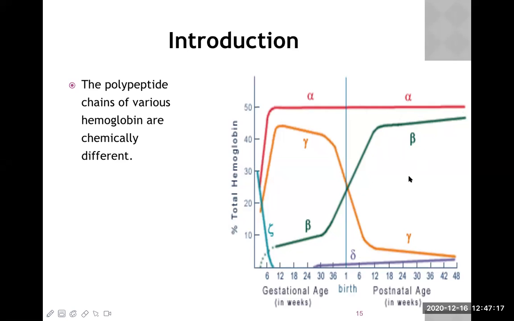And then it will take over completely as other forms of polypeptide chain in globin chains are very severely decreased. So look at the gamma chain now. This is a part of fetal hemoglobin. So inside the intrauterine or fetal life, it is so high, but after the baby is born, it gradually decreases and becomes very, very less. Okay, so these are some of the very important knowledge.